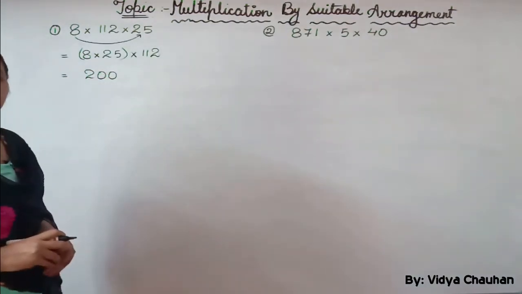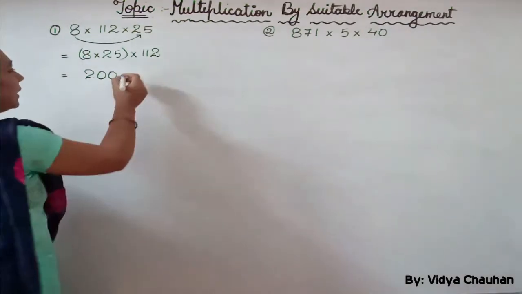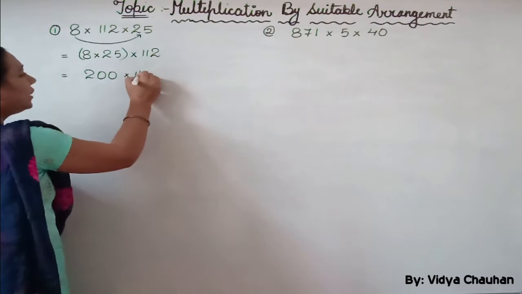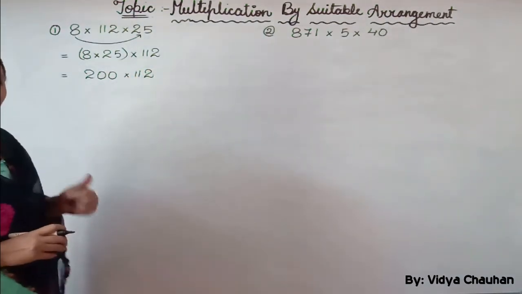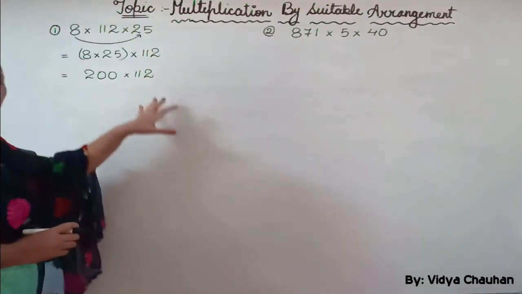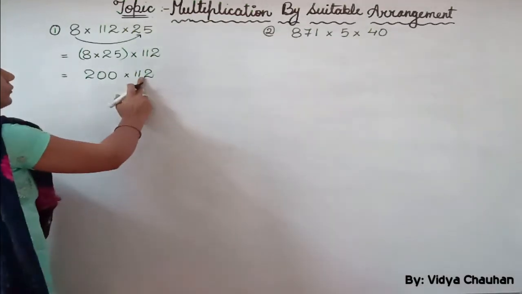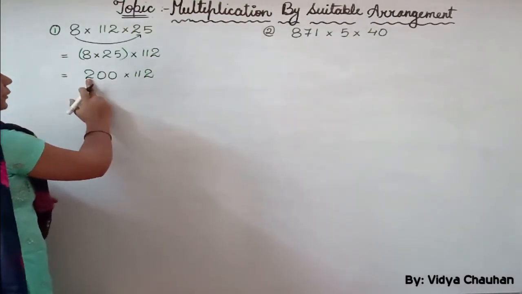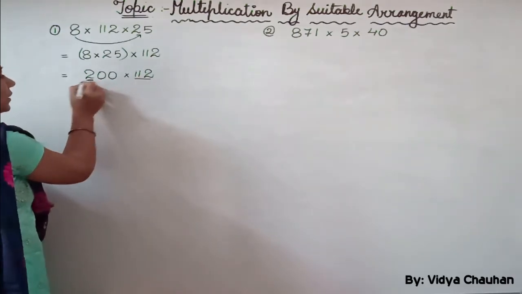When you multiply 25 by 8, you get 200, and then this 200 we have to multiply by 112. Now you can very easily multiply instead of doing the complete multiplication procedure. Just multiply 112 with 2.